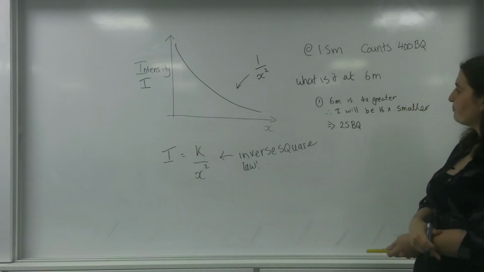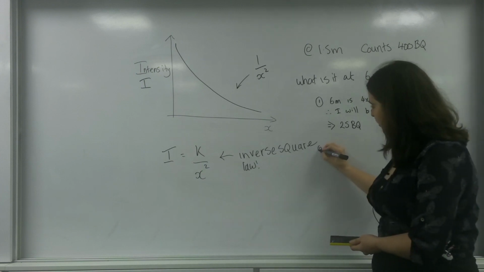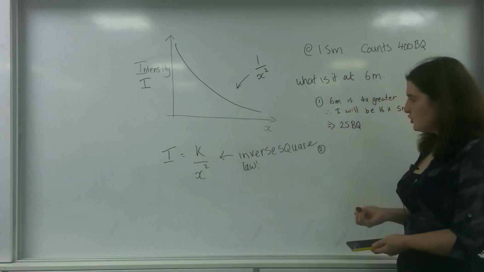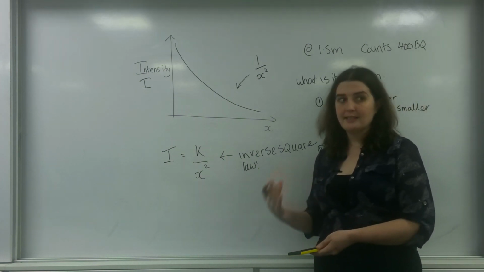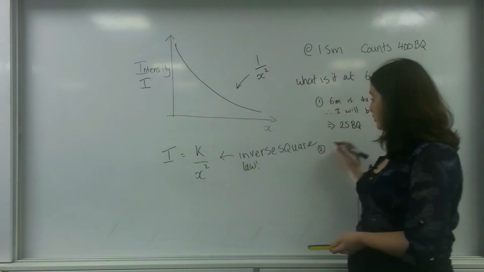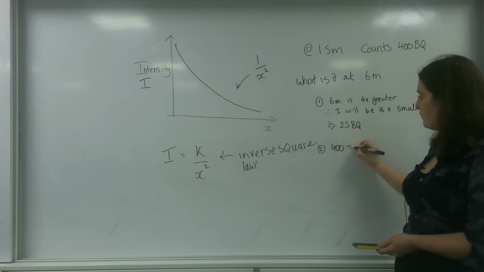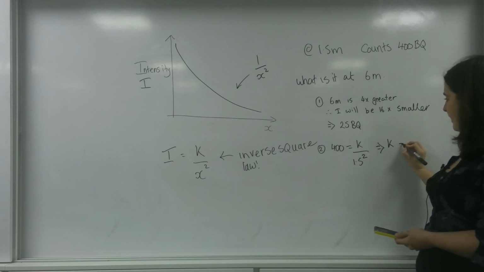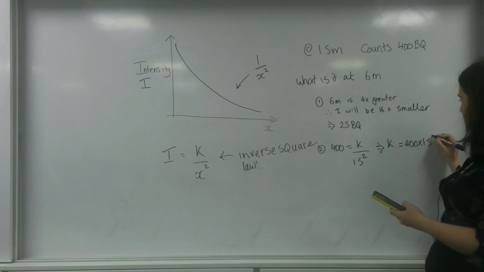Okay, Bq there. I'm going to do another method now, method 2, and I'm actually going to use this formula here to find the constant. So this is a constant for this situation, so it is going to be the same at the beginning and at the end. So I know that 400 equals k over 1.5 squared. So k equals 400 times 1.5 squared.